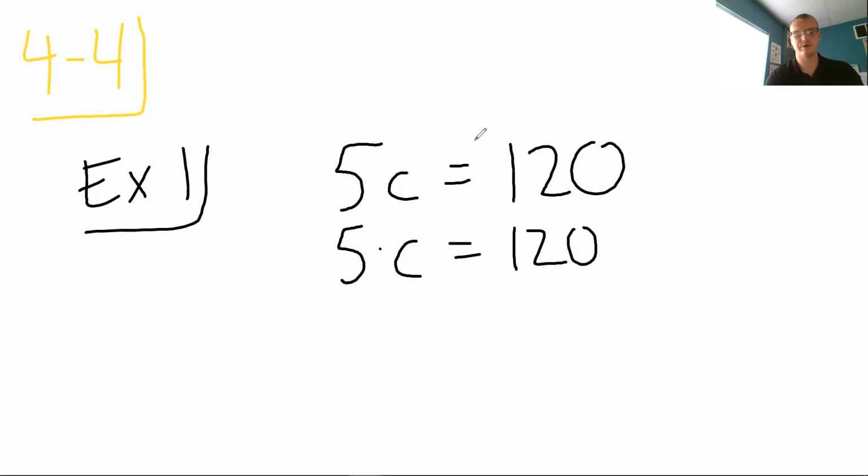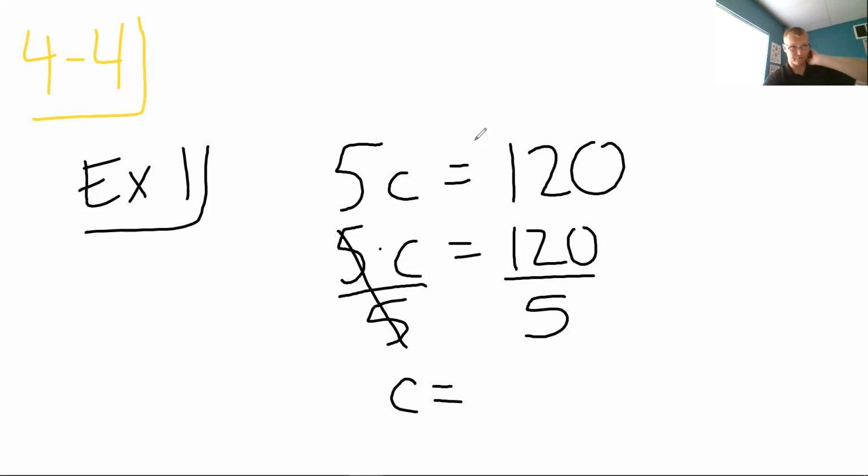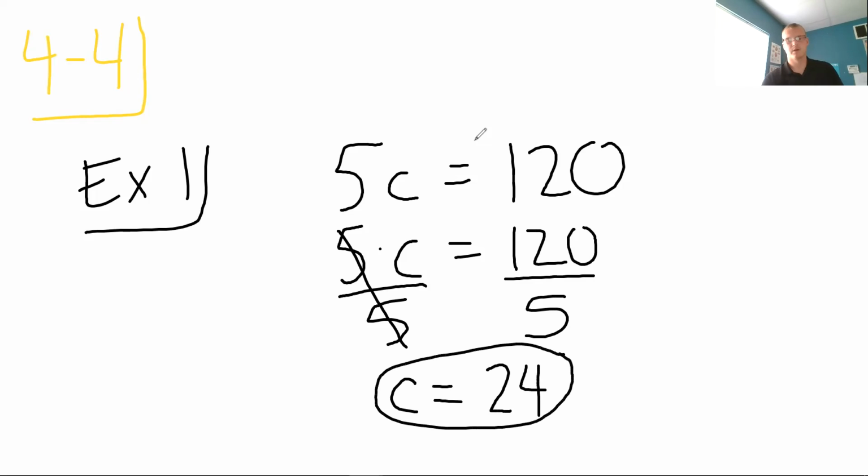So I'm going to do the opposite of multiplication, which is division, because I want to get c all by itself. Those 5's disappear, and I'm left with c equals 120 divided by 5, which is going to be what, Ellen? Yeah, 24. So c equals 24.